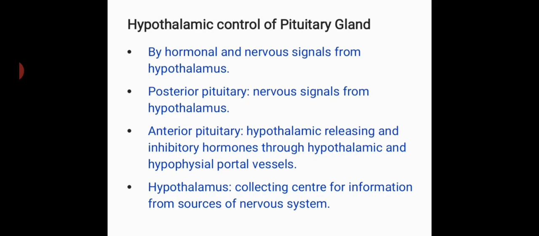Hypothalamus itself receives signals from the various sources of nervous system like pain stimuli, olfactory stimuli, etc. So it is a collecting center for all the information that is meant for internal well-being of the body.